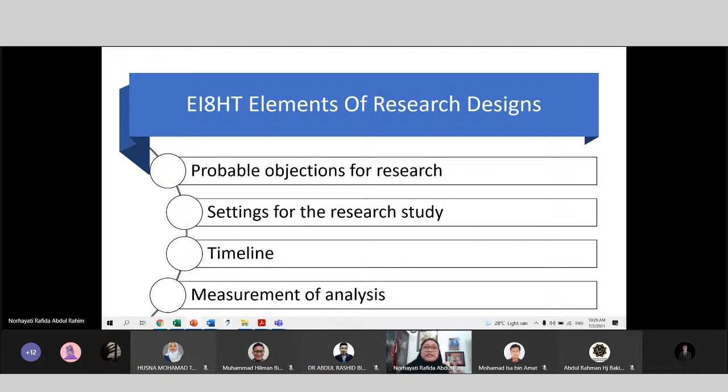We can have mixed method which combines quali and quanti, and then triangulation. Let me share a bit on triangulation. Triangulation can be 2 quali and 1 quanti, or 2 quanti and 1 quali.